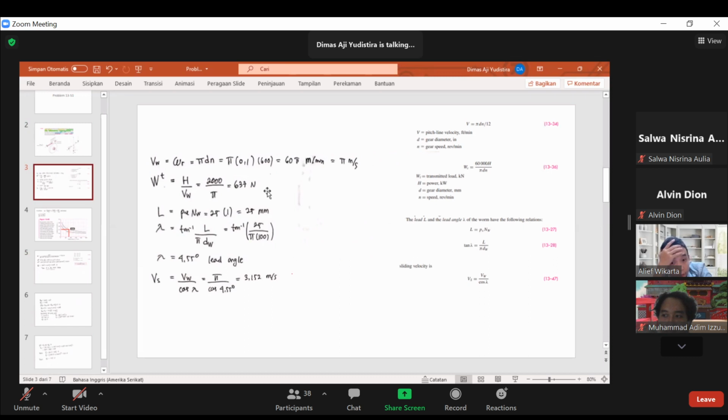Then lead angle to find a sliding velocity with this equation, and the lead angle is 4.55 degree and sliding velocity is 3.152 meter per second.